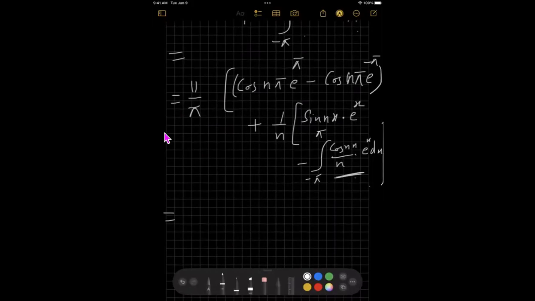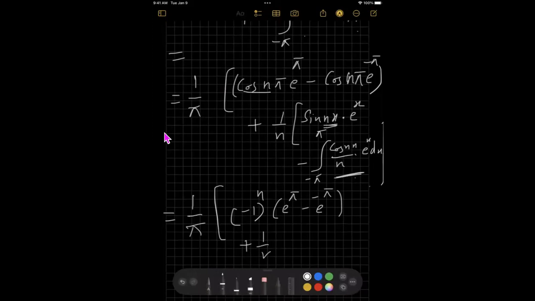So we have 1 over pi. This is 1. And we have cos of n pi is minus 1 raised to power n, e^pi minus e^minus pi, plus sine of n pi is 0. Sine of n minus pi is 0. So it is gone. 1 over n square.